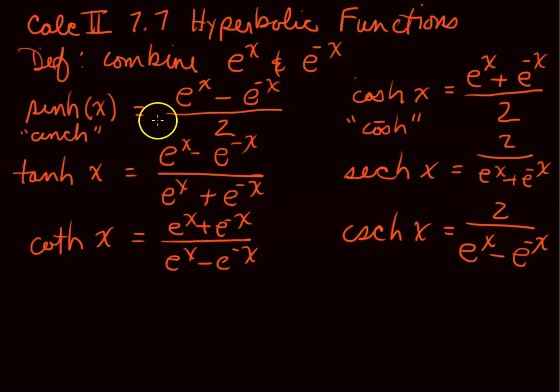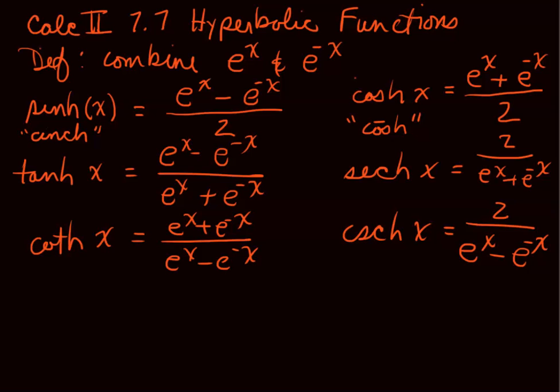In fact, I'm not going to make you memorize all these. We'll use them enough so the sine, cosine, and tangent, you'll remember those easily enough. And because the sech is the reciprocal of the cosh, the cosech is the reciprocal of the sinh, and the coth is the reciprocal of the tanh, you'll be able to do some of these things exactly like you would if you had just the regular trig functions.